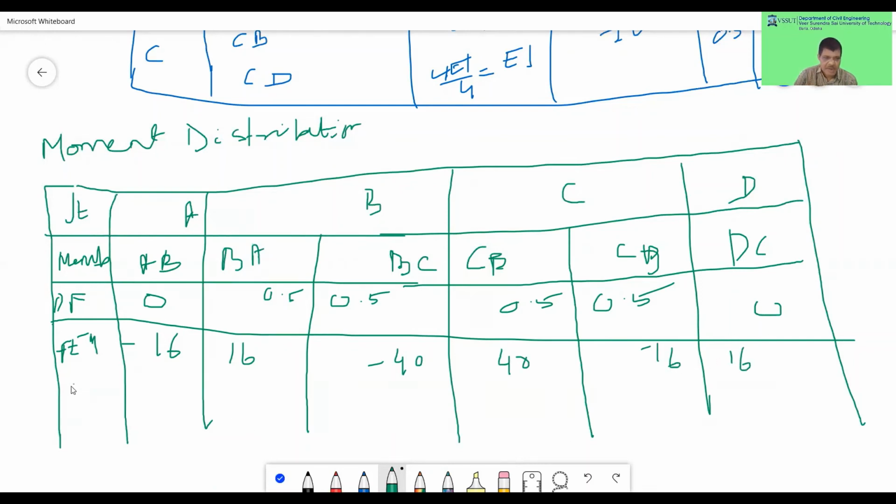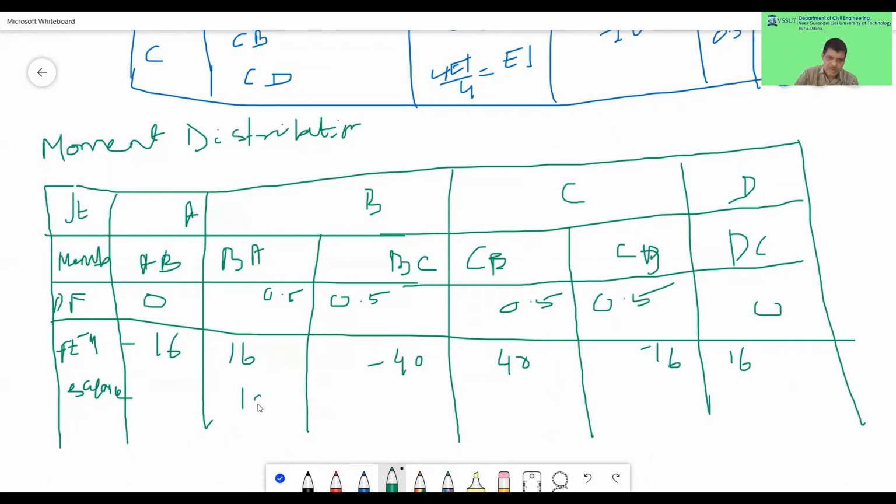Now we can balance it because there is no simply supported or hinged end. So what is the value at BC? It is minus 40 plus 16, so it becomes minus 24. So you have to apply plus 24.